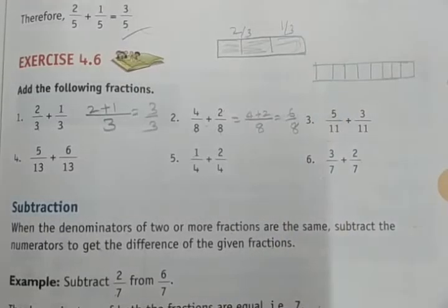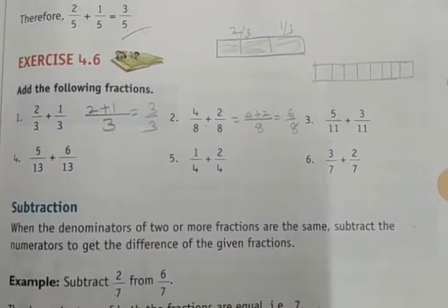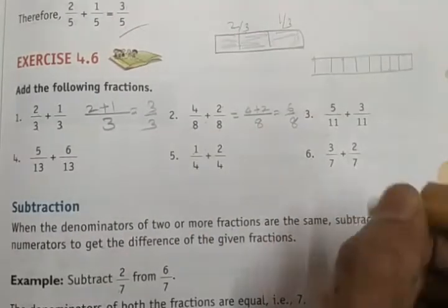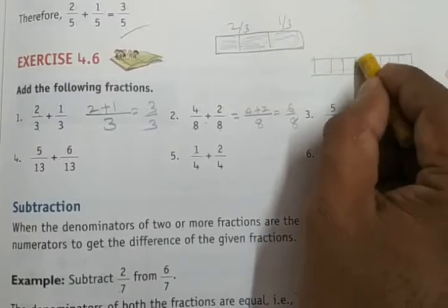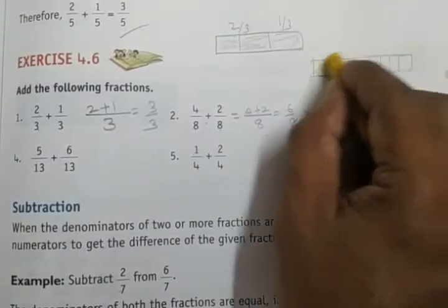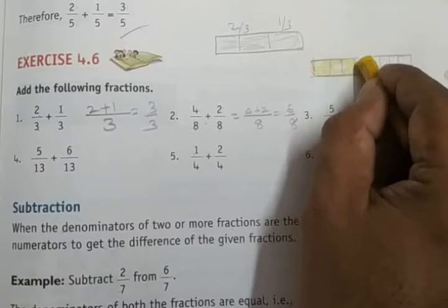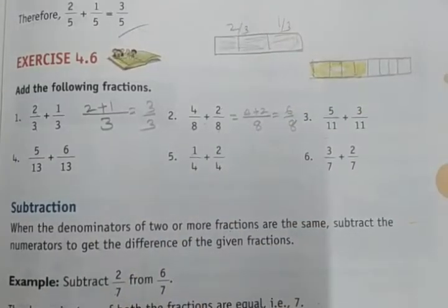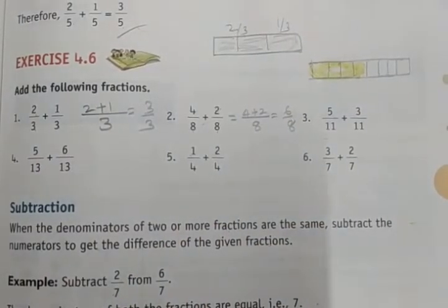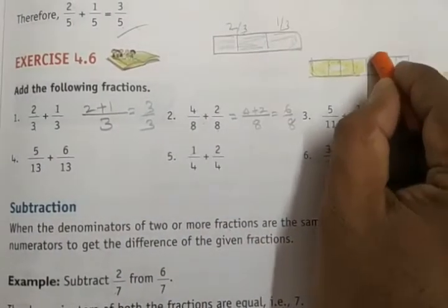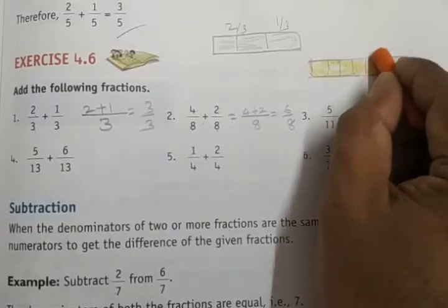So first what they did is they shaded 4 parts. Okay. This is the first fraction. Then another 2 parts were shaded.